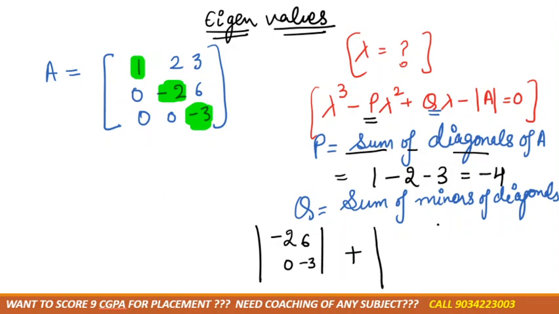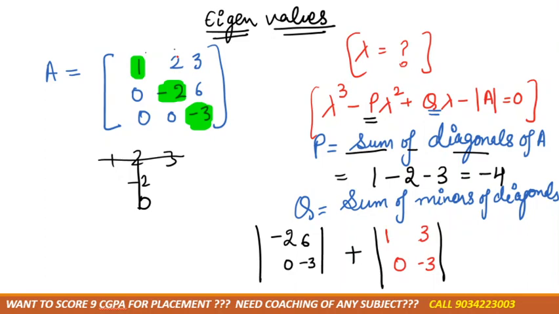Now in the second case, we'll go for 2, right? Then if we go for 2, we'll leave this row and we'll leave this column, correct? It would be 1, 2, 3 and minus 2, 0. So what would be the left term in that case? 1, 3 and 0, minus 3.